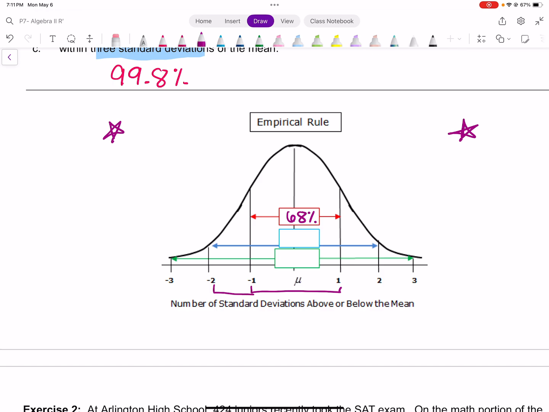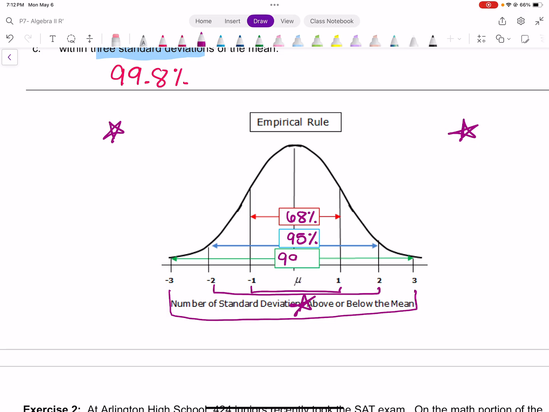Next, if you are within 2 standard deviations of the mean, and this is the most popular one, the Regents loves this one, we round to 95%. And then last, if you are within 3 standard deviations of the mean, this one is a little bit weirder when we round.